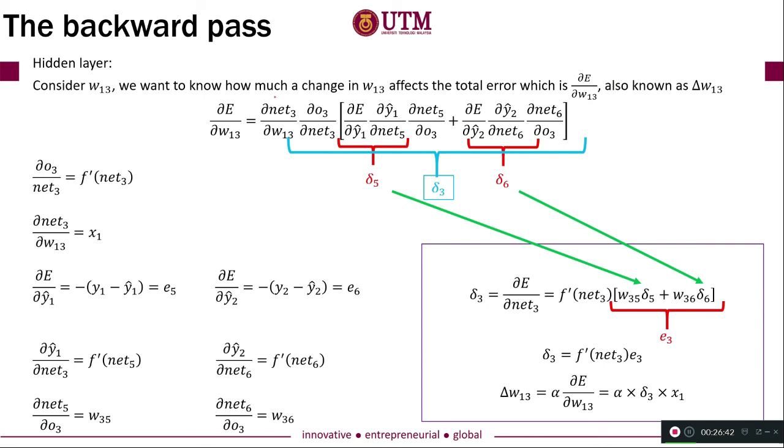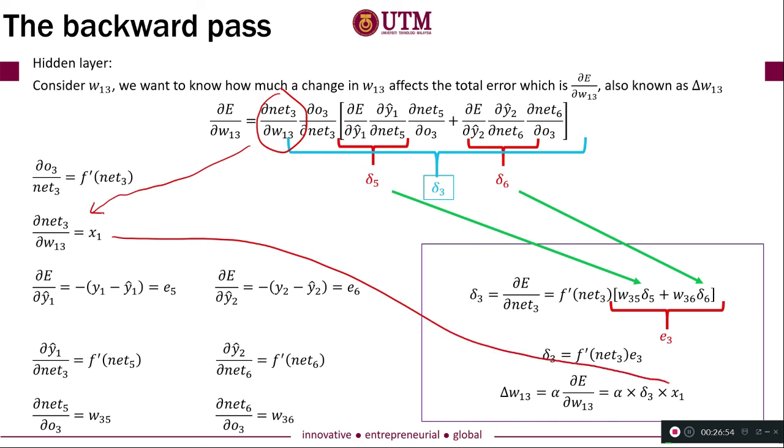Just remember that this is actually your x1. That's why you get x1 over here, because remember that delta 3 is only this component.